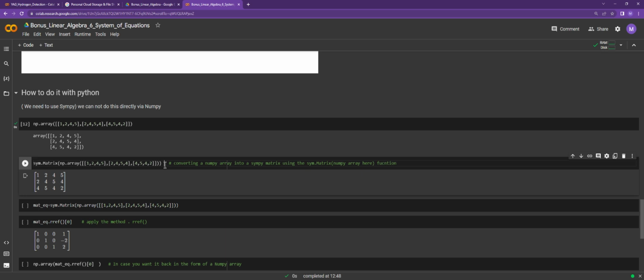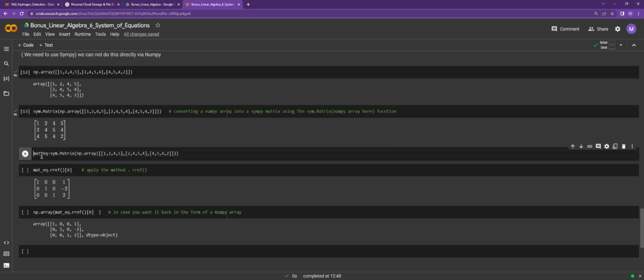That's all we are doing. At the moment, I haven't allocated it to a name, so it just ran the operation and gave output. We want to create it, so we're going to repeat this, except that we allocate it to a name, mat_eq, so it's saved in memory.